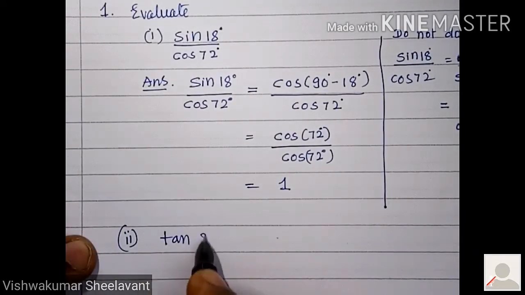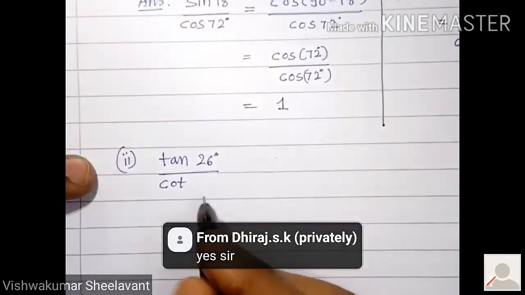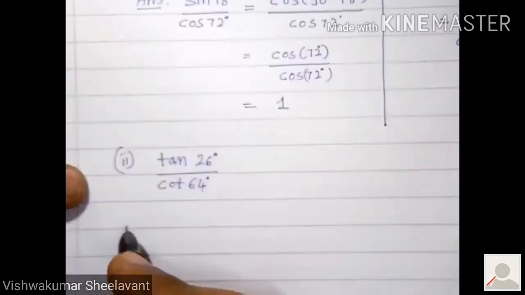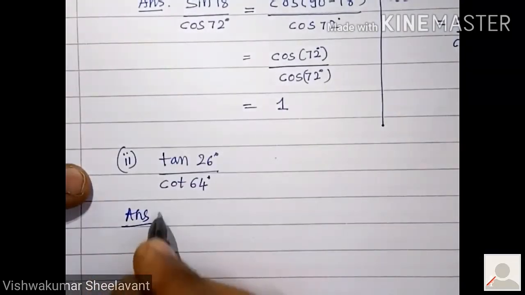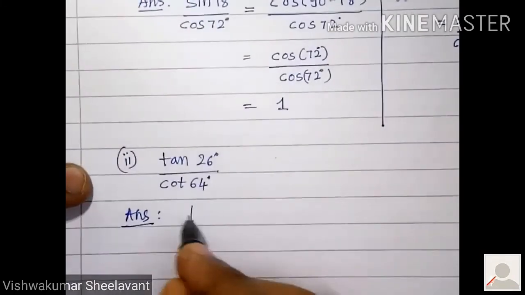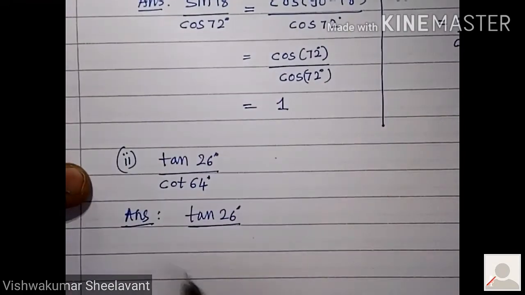Second one, tan 26 degree divided by cot 64 degree. Tan 26 upon cot 64.